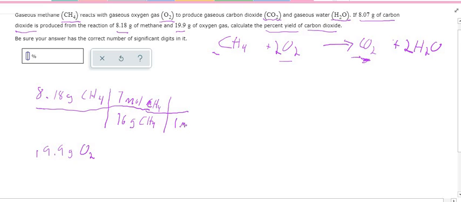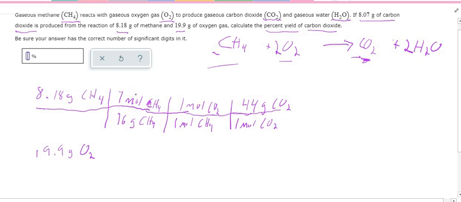For every 1 mole of methane, then I produce 1 mole of CO2. Okay. Finally, I want to get that back out into grams because we're doing a percent yield. I know that for every 1 mole of CO2, because I've done this many, many times, there are 44 grams of CO2. Alright, let's see if our units cancel.